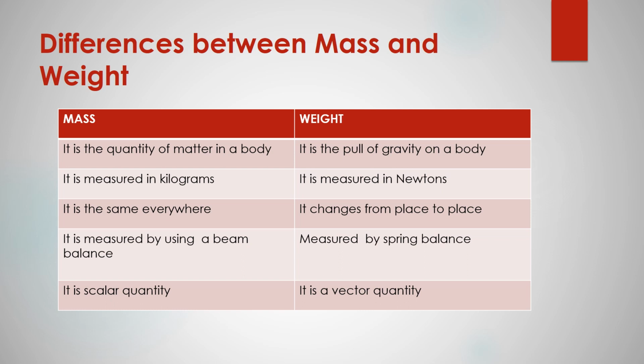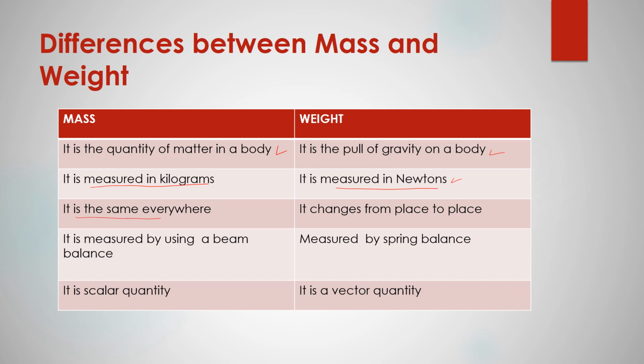Mass is the quantity of matter in an object, but weight is the pull of gravity on the body. Weight is a force. The SI unit of mass is kilogram, and the SI unit of weight is Newton, because weight is a force.